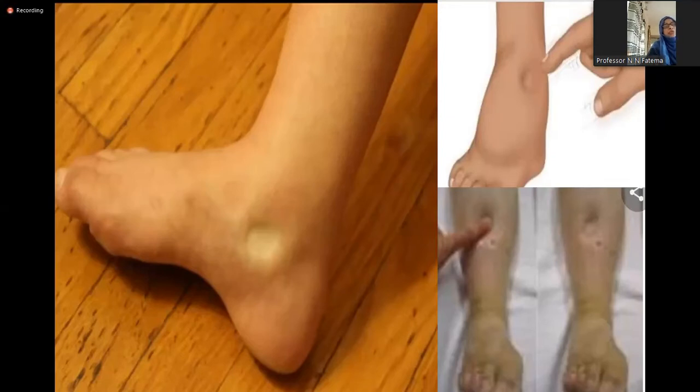Then you see whether the patient is lying in a supine position, or in a propped up position, or in a sitting position. Whether the patient is comfortable, whether the patient is dyspneic, whether the patient is cyanosed. By looking at the surroundings of the patient and the patient's face, you will understand many things.